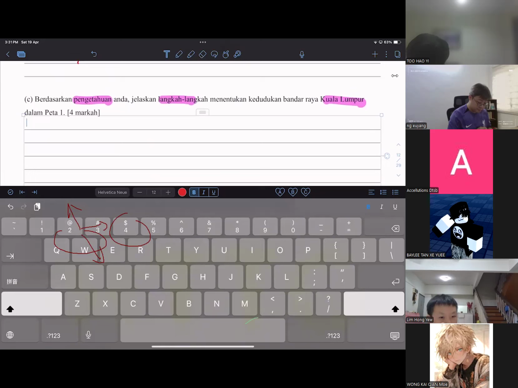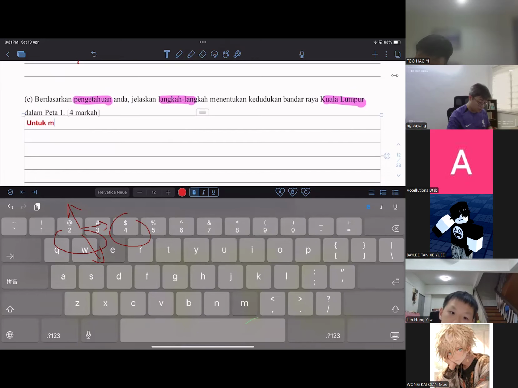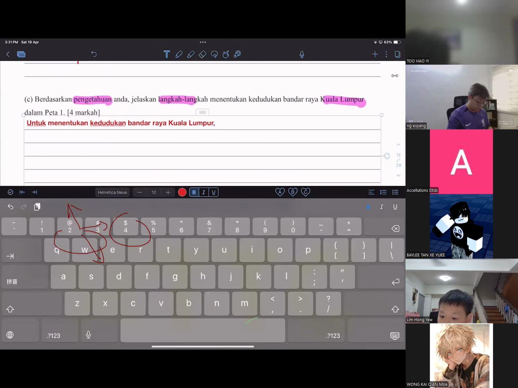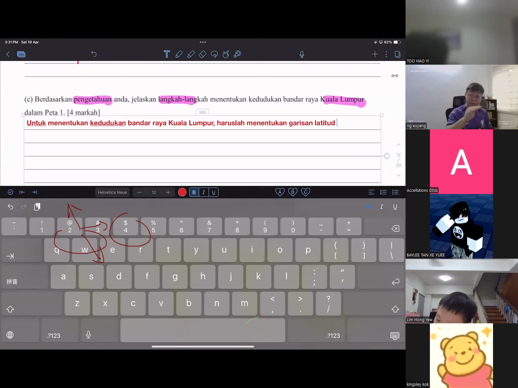So, untuk menentukan kedudukan Bandaraya Kuala Lumpur, haruslah menentukan garisan latitude. You need to mention the garisan melintang first.